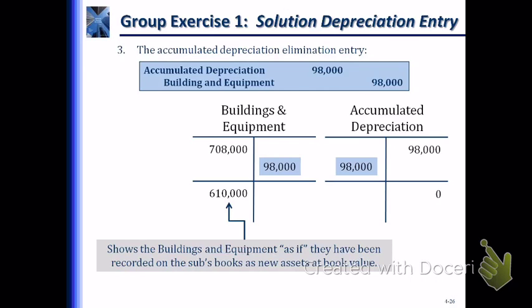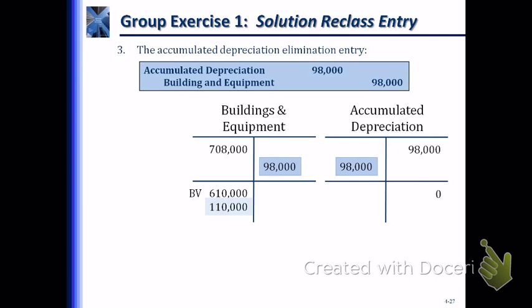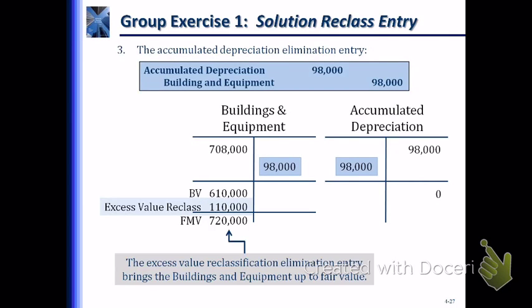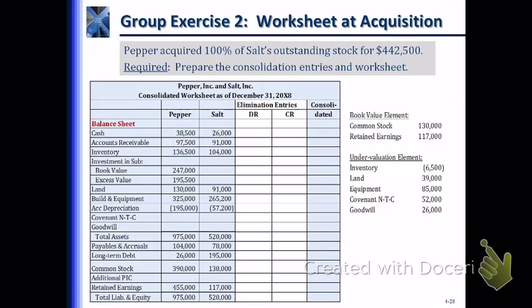So we're taking that off and showing just the net amount, and then we're adding to that to get to the fair value. So this will be part of that differential eliminating entry, which is writing the fair market value up, writing it up to fair market value.